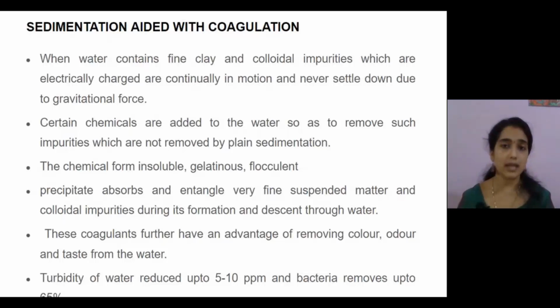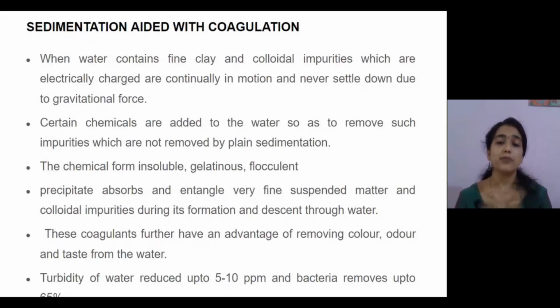These coagulants are added into the raw water, then the suspended solids present in the water will agglomerate, and small lumps, small ball-like lumps, are formed. This will increase the settling of the suspended particles from the raw water.